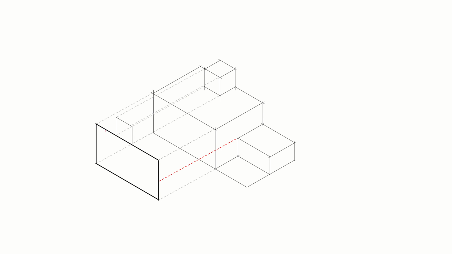Now you see I have made this darker and this lighter. Why? Because that is in the front and the head part is in the back. The object in the front will be slightly darker, and the object in the rear will be slightly lighter.